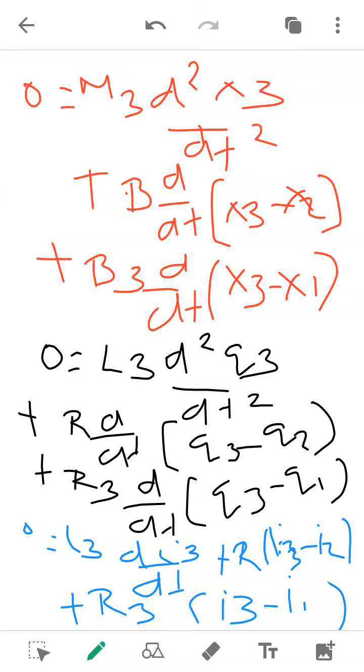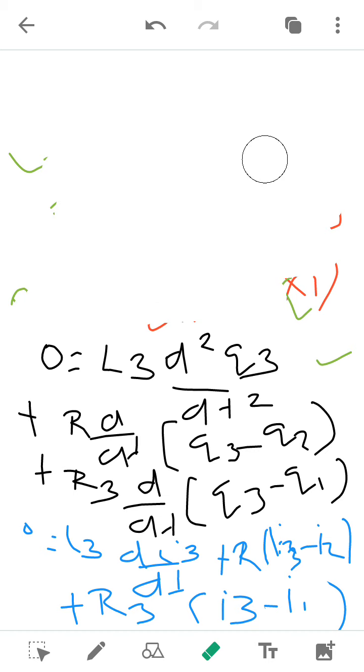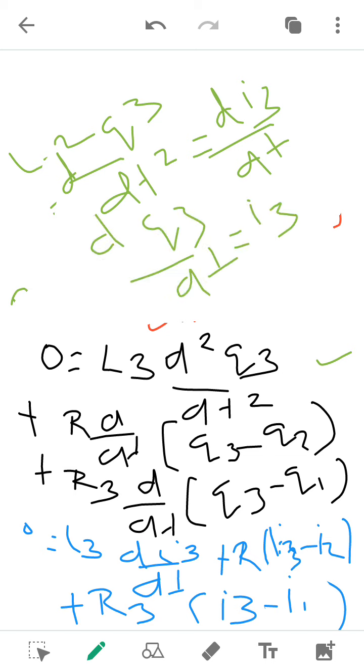Now we are to do the equivalence again. M3 will be equivalent to L3, B will be equivalent to R, B3 will be equivalent to R3, and here you will be having q3, q3, q2, q3, q1 that we have got here, and we are to again replace d squared q3 by dt squared as di3 by dt, then dq3 by dt as I3, and so on.